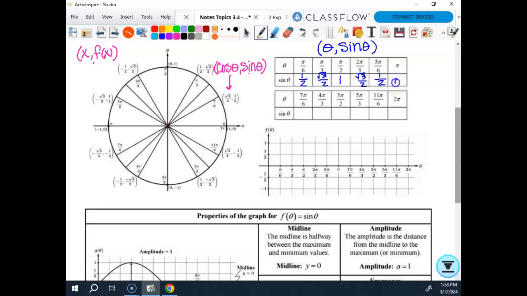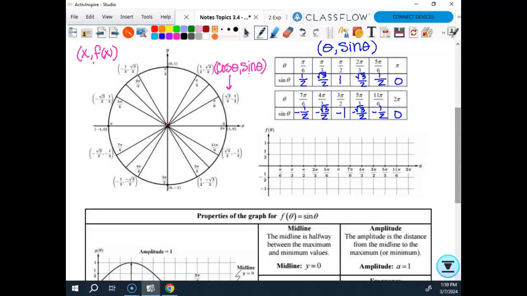Pi? 0. All right. 7 pi sixths? Negative 1/2. Good, because we're down in the third quadrant. So 4 pi thirds, square root of 3 over 2. Good. Negative 1. 5 pi thirds. Good. Square root of 3 over 2. Good. 11 pi sixths, negative 1/2. And 2 pi, 0.